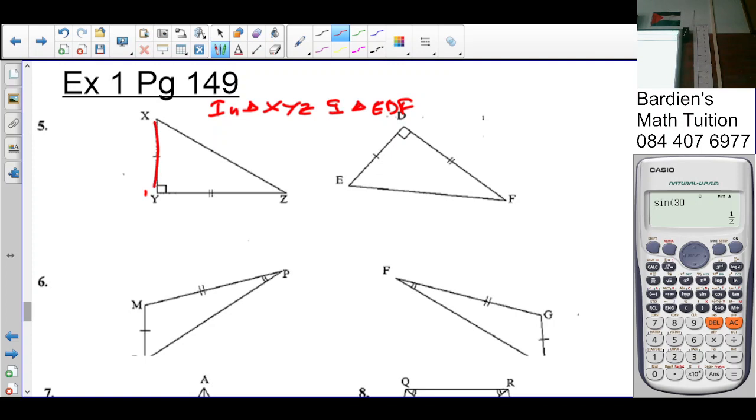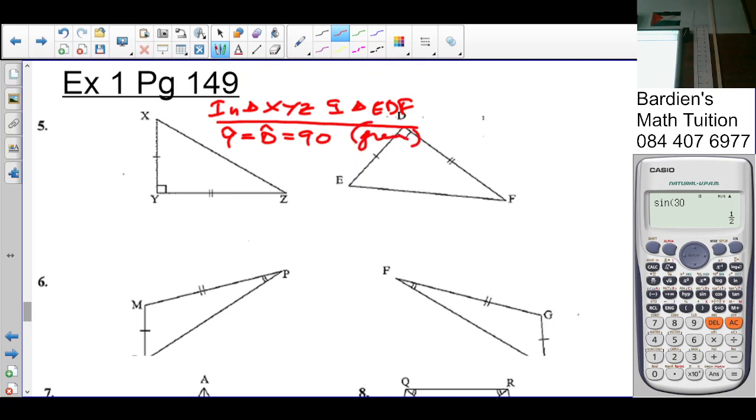So you got X, Y, Z. So it's going through the line marked 1 and then 90. So it has to go that way. Can you see that? Right, so what do I say about these two triangles? Angle Y is equal to angle D, which is equal to 90. Why? Given.